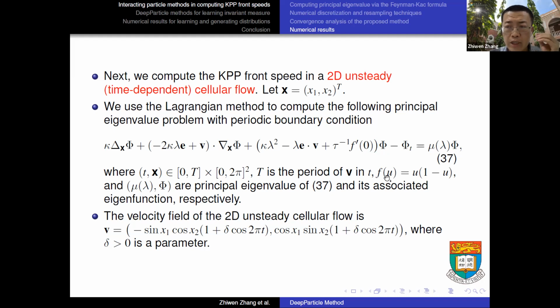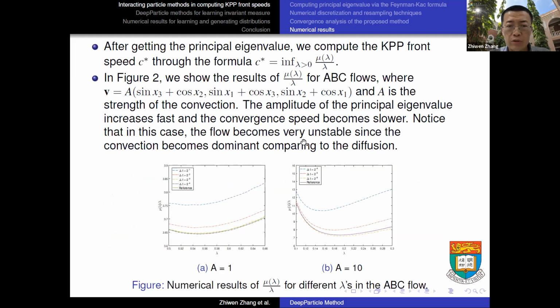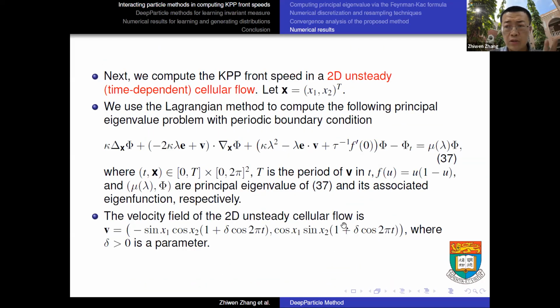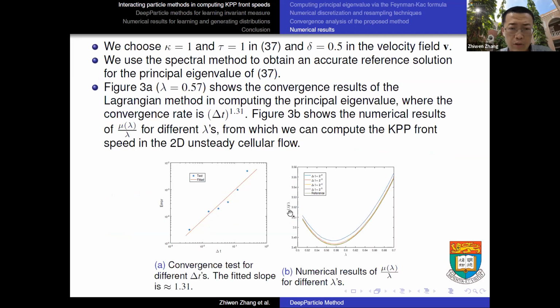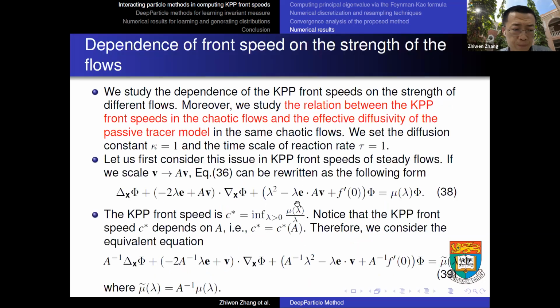However, imagine, if you go from 2D to 3D, from time independent velocity to time dependent velocity, the computational cost of the particle method is similar. That is one of the advantages of a particle method. Here are some results for the time dependent flow.